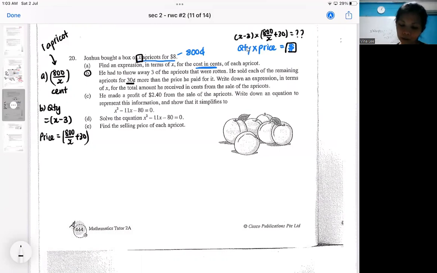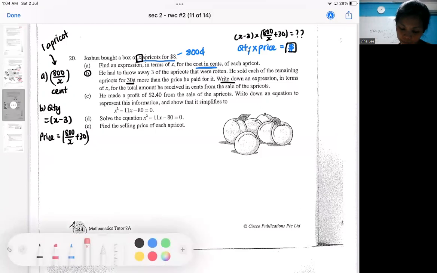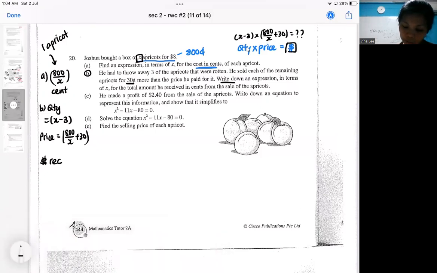The challenge, of course, is to simplify the expression, but actually there is no need to simplify because the question just says write down. So the money he's going to receive will just be the quantity times price. The quantity will be this, the price will be this. So that's it. Now, with this, I will need to relate it to profit.